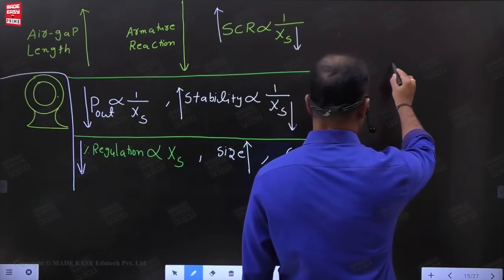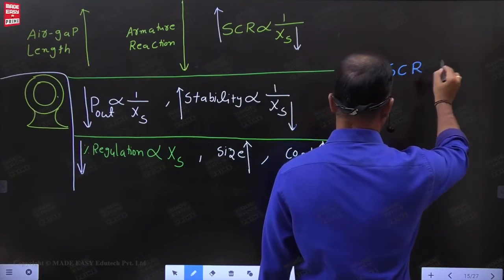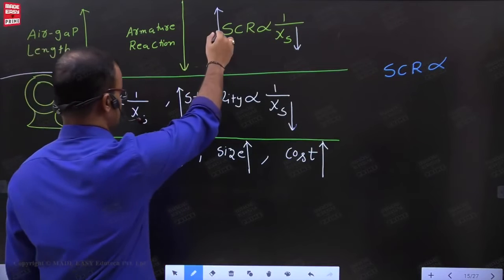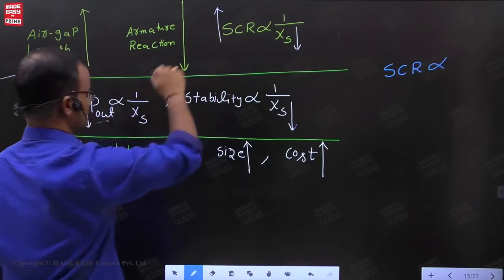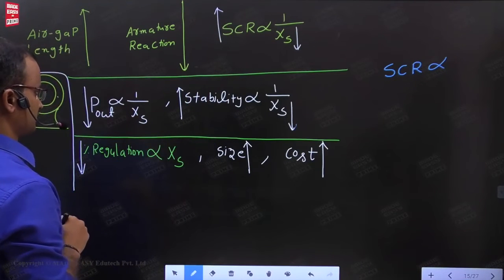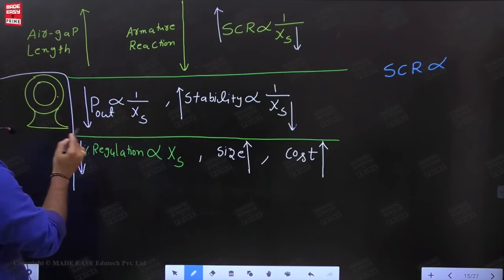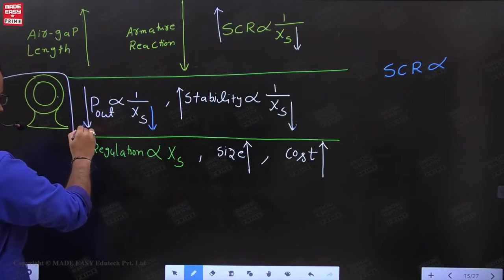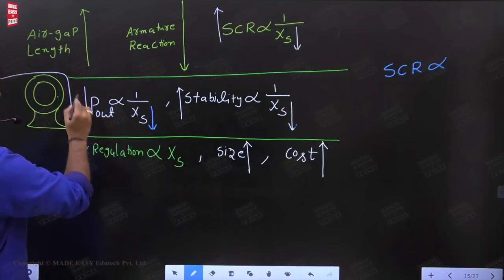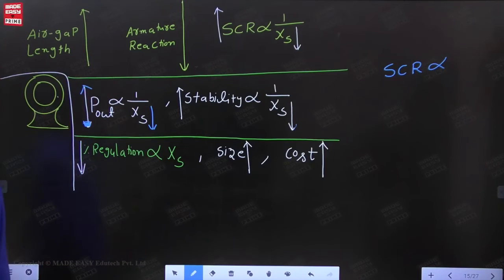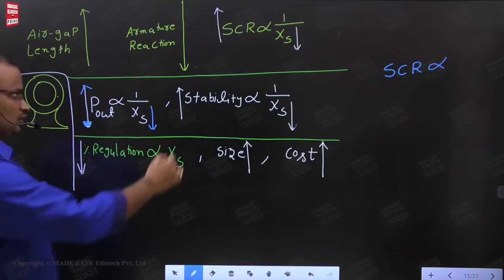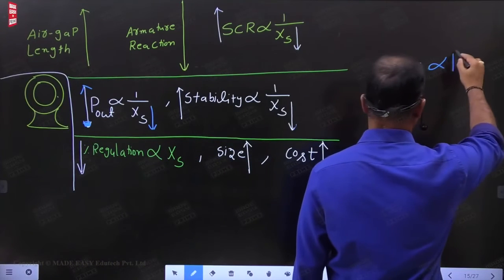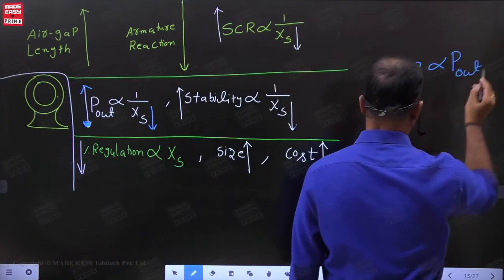First general statement, SCR and P out relation. देखिए इधर in the sequence, SCR is increasing, XS is decreasing, but the P output increases. Now SCR is increasing, so the P output also increases.